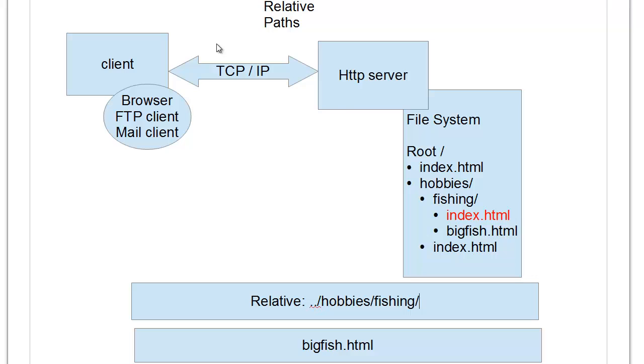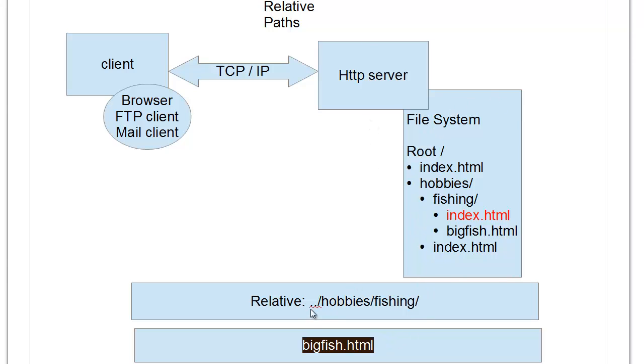And so from anywhere in my site, when I'm designing, I can enter that URL and it will get me there without having to go out to the client, the domain name server system or anything like that. It'll allow me to just look within my existing site. So if I were in the fishing folder, and I wanted to load this bigfish.html, because it's in the same folder as the index file that I'm looking at, all I have to type is the file name, because it knows that it does not have to navigate through the directory structure to get there.